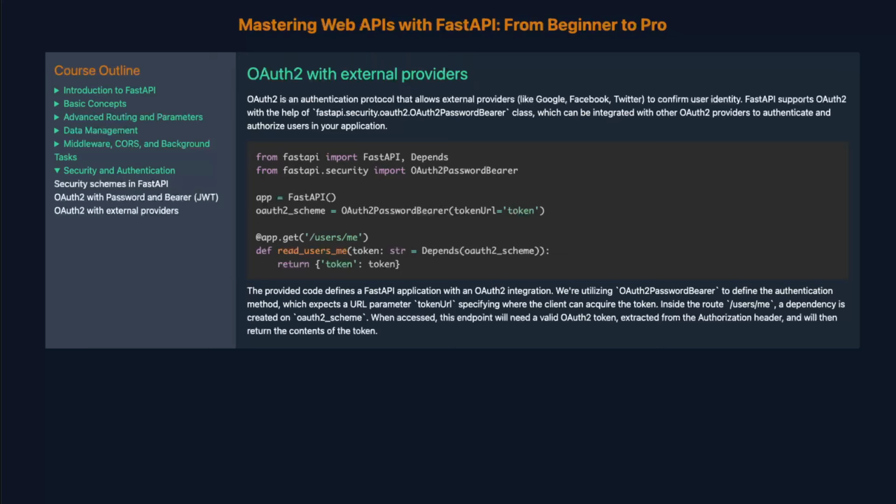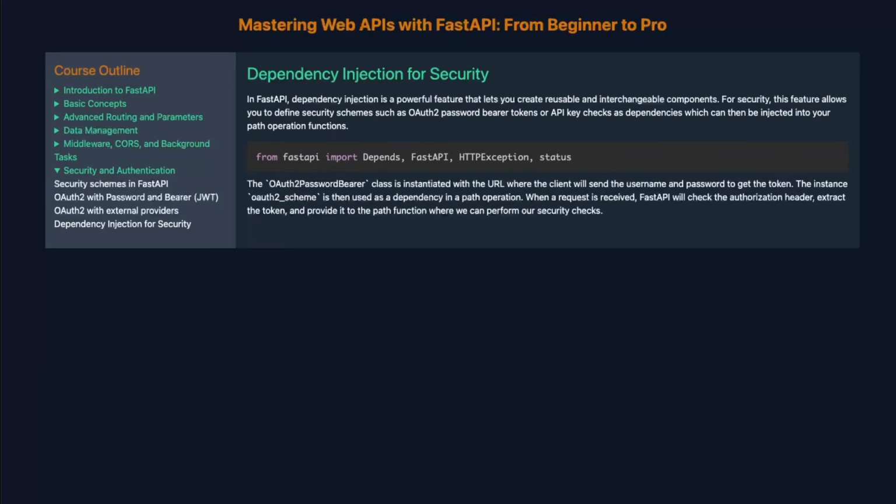Dependency injection for security. In FastAPI, dependency injection is a powerful feature that lets you create reusable and interchangeable components. For security, this feature allows you to define security schemes such as OAuth 2 password bearer tokens or API key checks as dependencies, which can then be injected into your path operation functions.